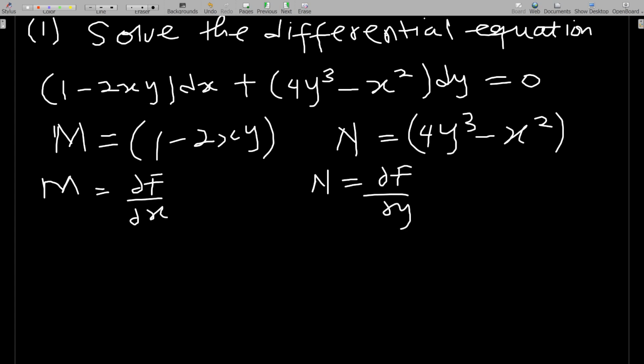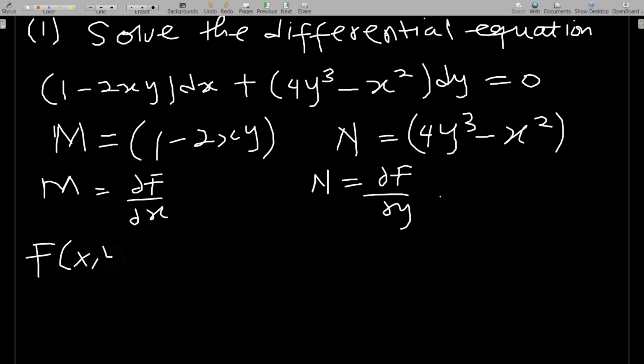So what we'll do here is, when you see that both functions are very easy to integrate, my advice to you is to just integrate them. Try to integrate both of them, and then after that you will see what I'm going to do here. After that you pick your solution, very simple like that. So f of x, y here with the first M.